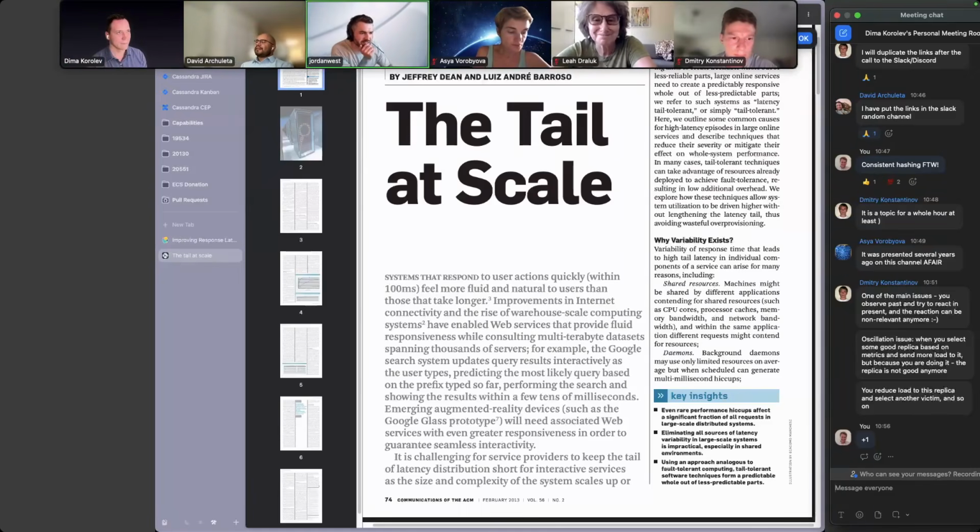Okay, great. So I think Dimitri might have touched on this a little bit, but for example, hedging and some of these techniques, we could introduce at various points in the stack, right? Between the front end and the load balancer, an API and load balancer, and then the load balancer and the database.